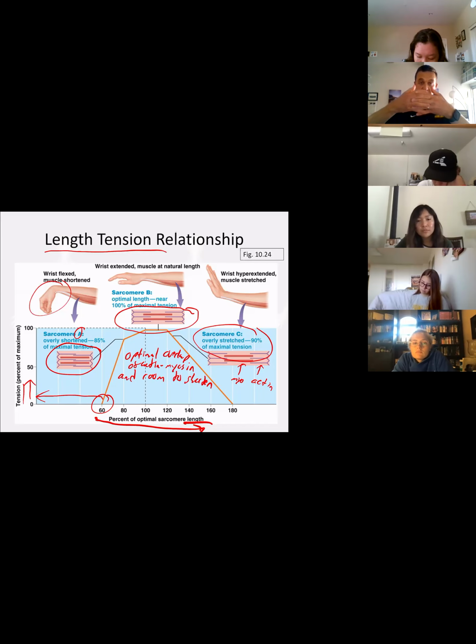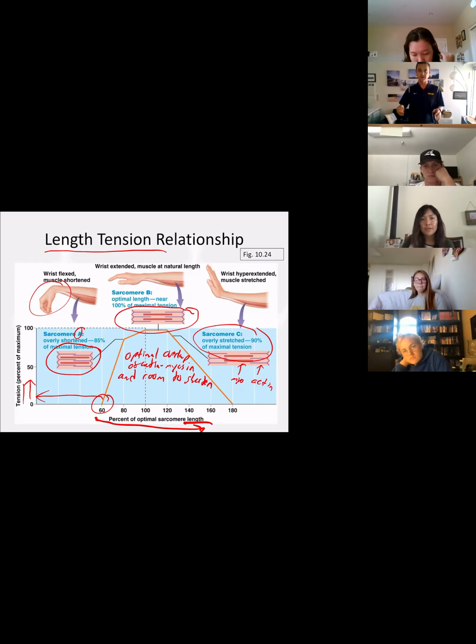There's still more shortening capabilities, but we have enough overlap to where a lot of myosin heads are interacting with actin, so we can get a lot of force, and we still have a lot of room to move, right? And that's why that position in the middle is the position that can produce the most force. Okay, and we naturally know this, right?